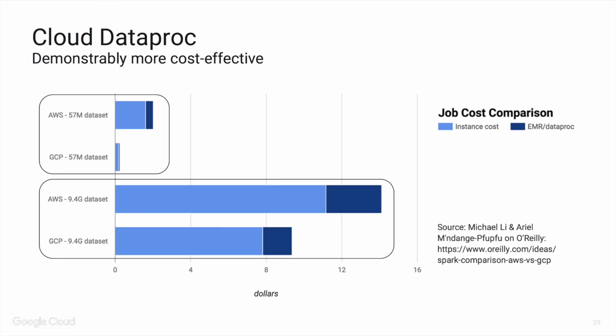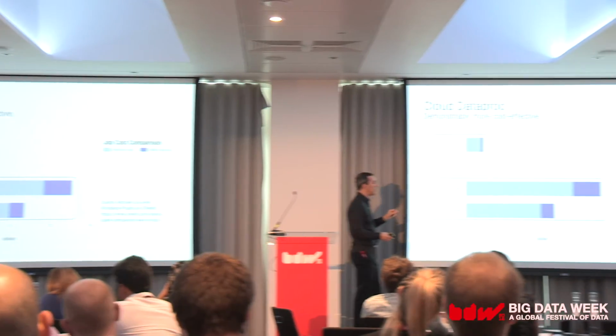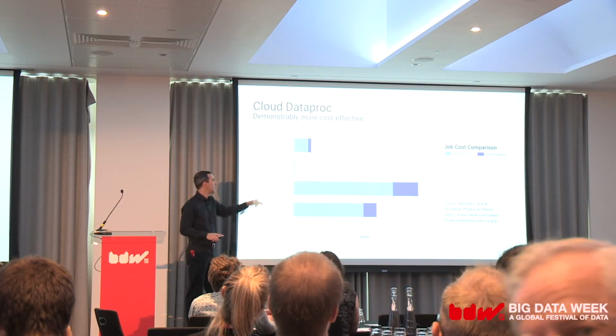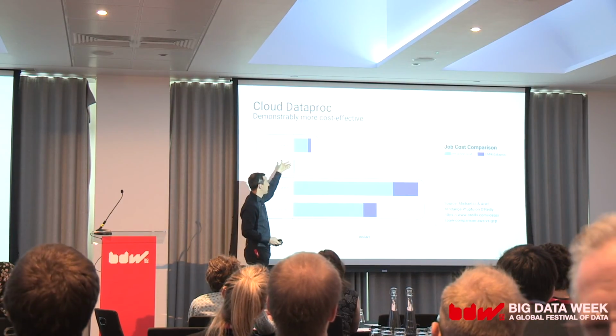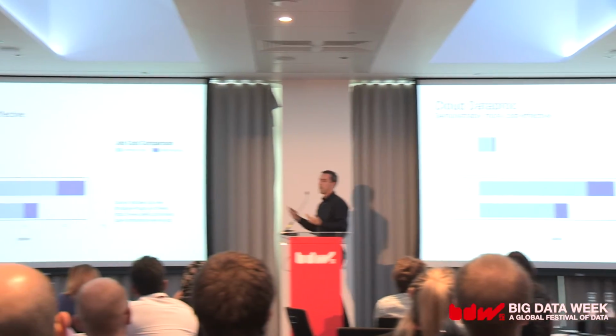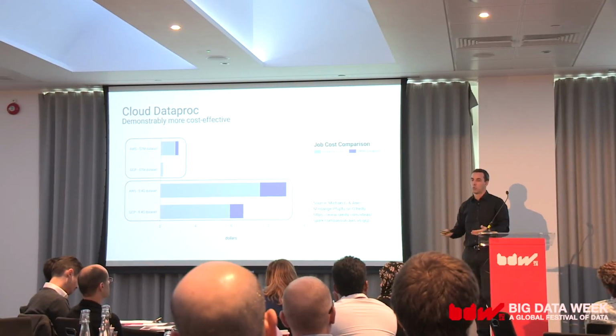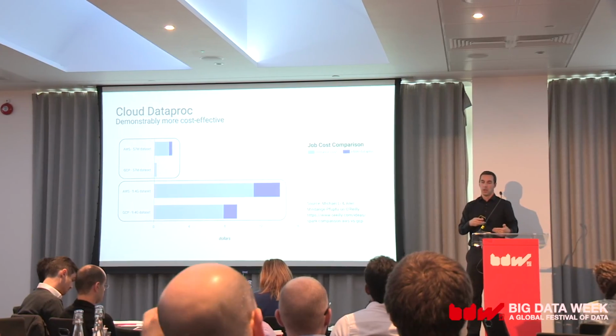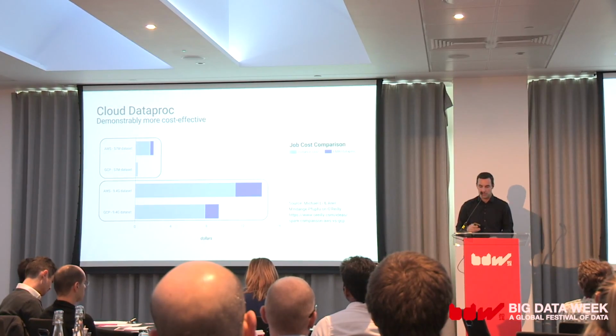On similar clusters, they looked at the cost of running a small job and a large job, and small, like smallish, it's actually not small, 57 million rows. And so it's because of, frankly, a lower price to start with, of the per minute billing, of the efficiency, you can see the big price difference for the small one, but also for the larger one. And it's the same Hadoop and Spark bits, whether on Amazon or on Google. The thing that's different is A, the infrastructure, the network, but B, the flexibility of short-lived clusters.